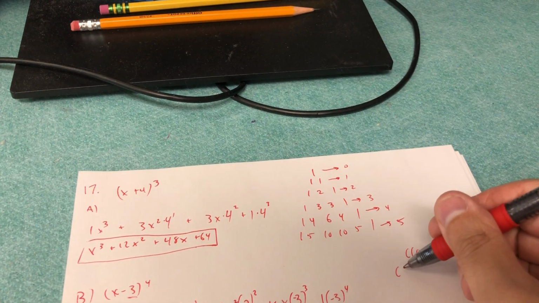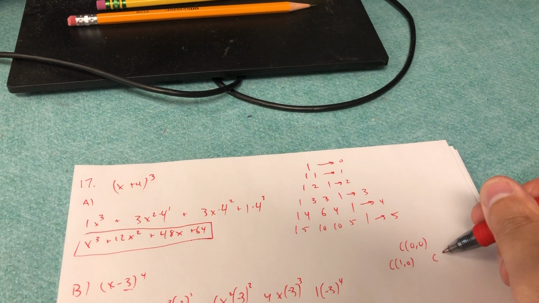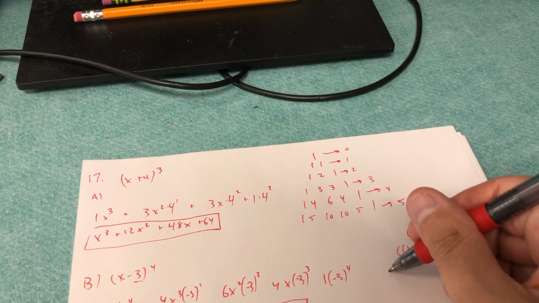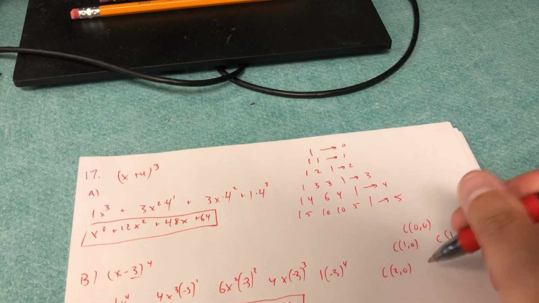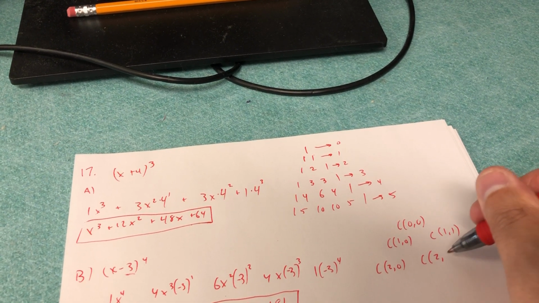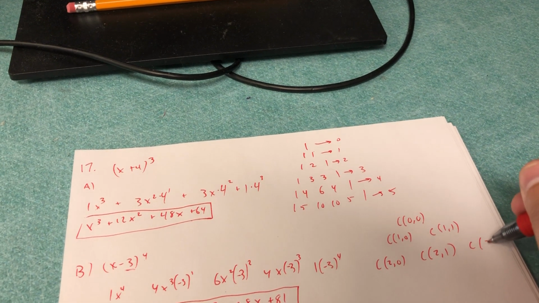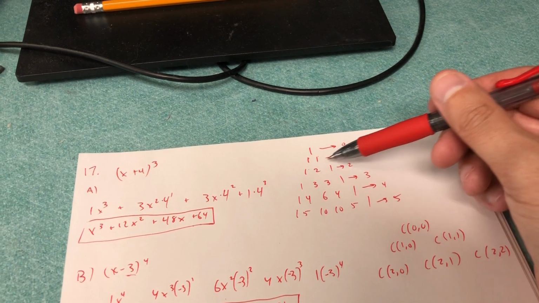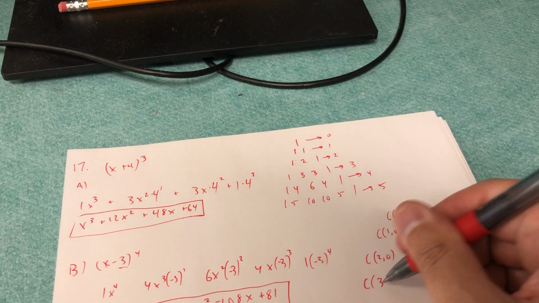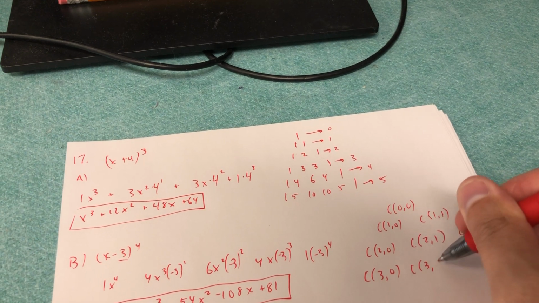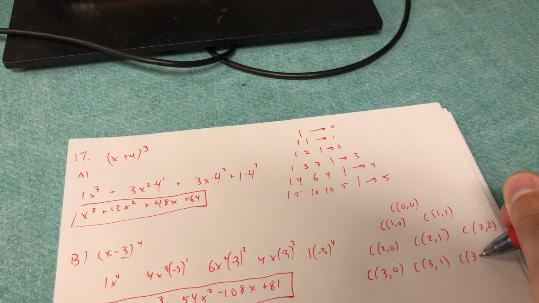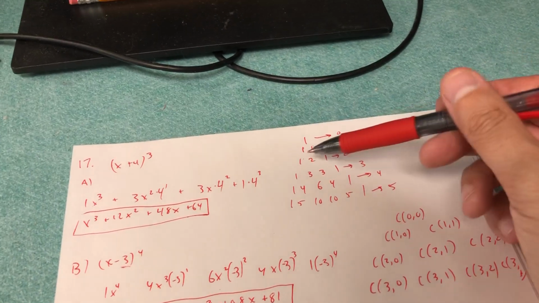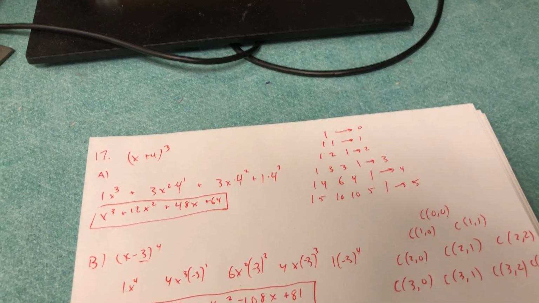And then you can take the combination of 1 taken 0 at a time and the combination of 1 taken 1 at a time, and that's going to give you 1 and 1. And then you can take the combination of 2 taken 0 at a time and 2 taken 1 at a time and 2 taken 2 at a time, and that's going to give you the 1 and the 2 and the 1. And then you can do the combination of 3 taken 0 at a time and 3 taken 1 at a time and 3 taken 2 at a time and then 3 taken 3 at a time. Running out of space there. And it would generate the 1, 3, 3, 1 line, and so on and so forth.